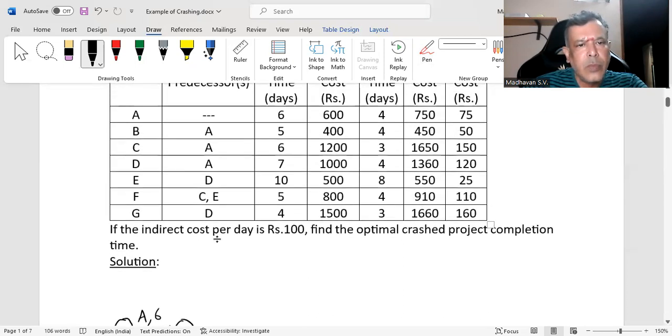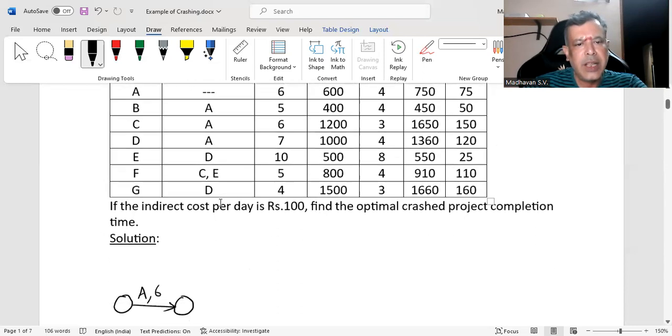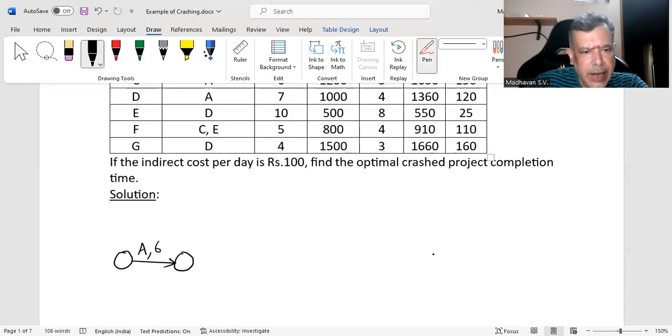Then activity B can start after completion of activity A. Activity C can start after completion of activity A. D also can start after completion of activity A. So from this end node, I will put this as node 1, node 2. From node 2, I will start 3 activities like this.